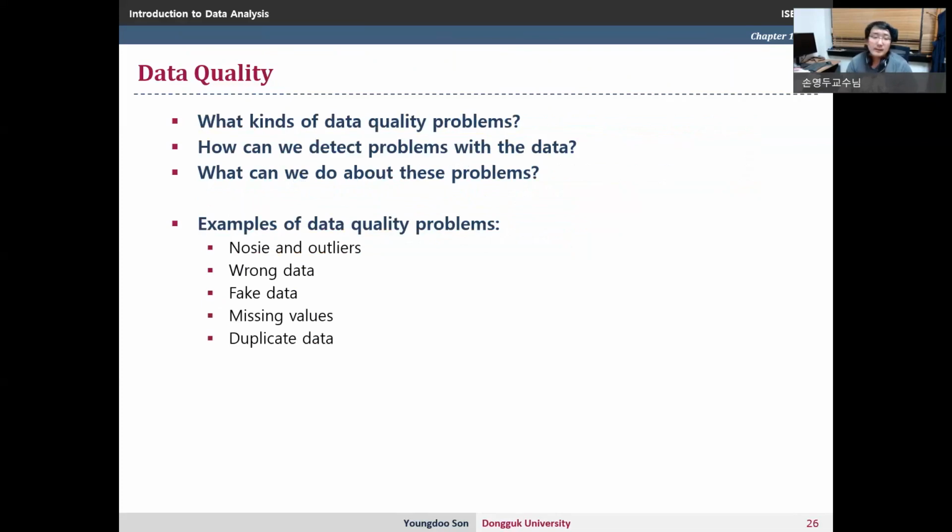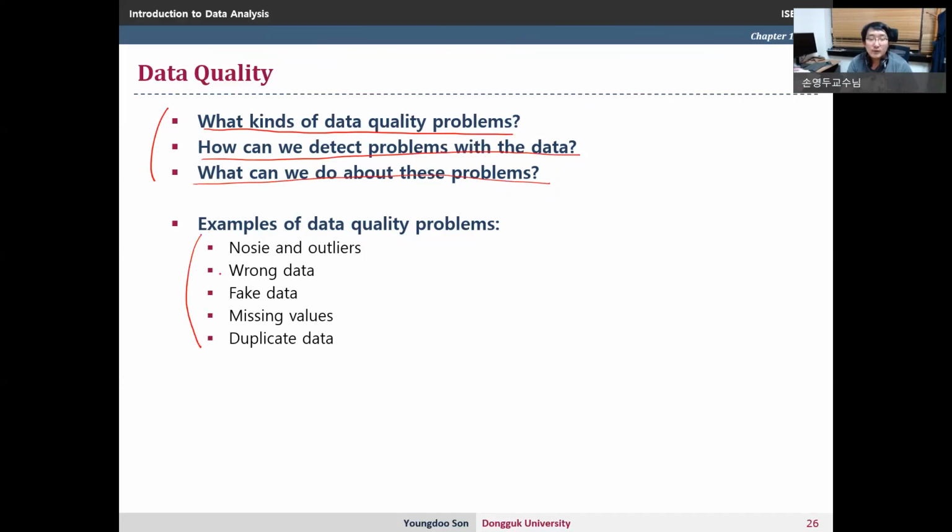So there are many open questions for the data quality. So here first we need to know what kinds of data quality problems there are, how we can detect the problems with data, and what we can do about these problems. The answer for the first one is here.